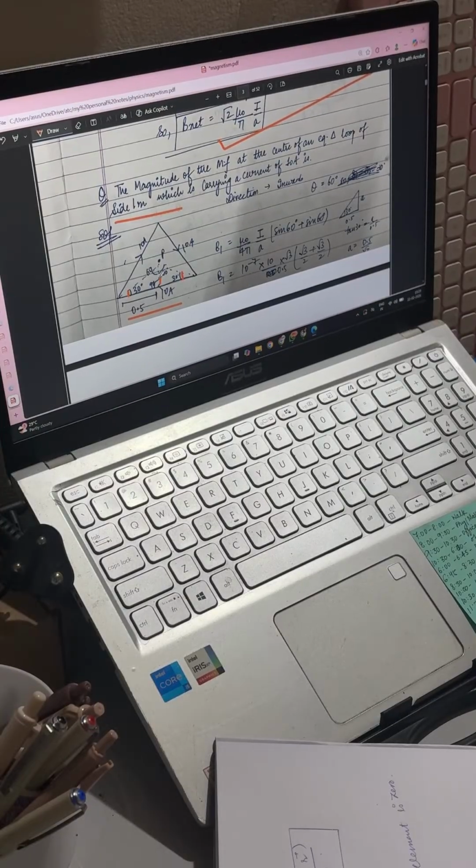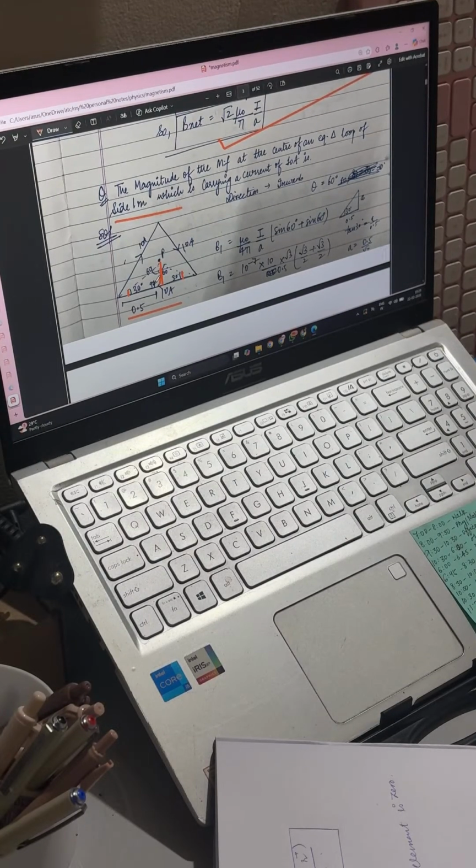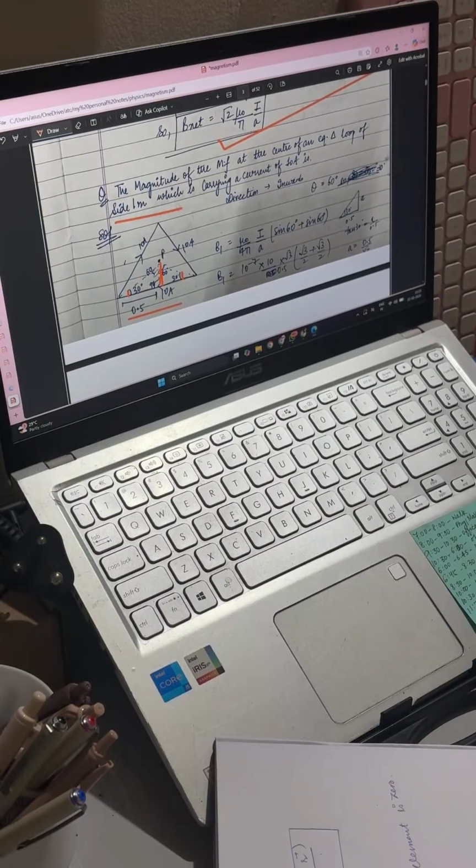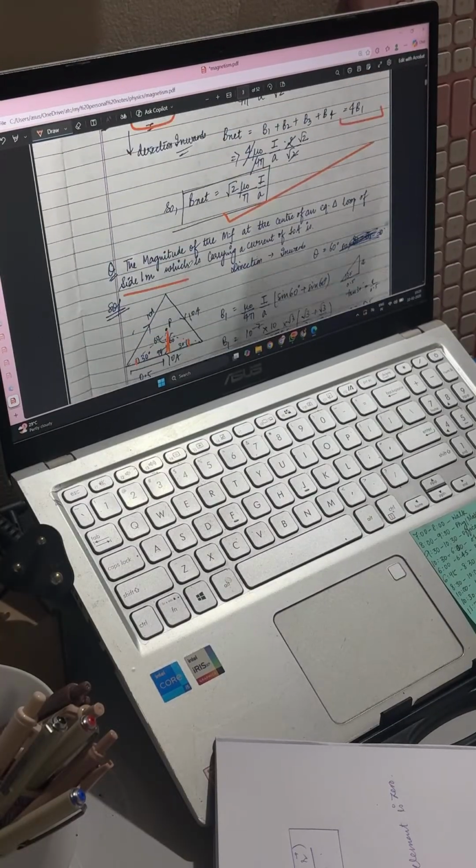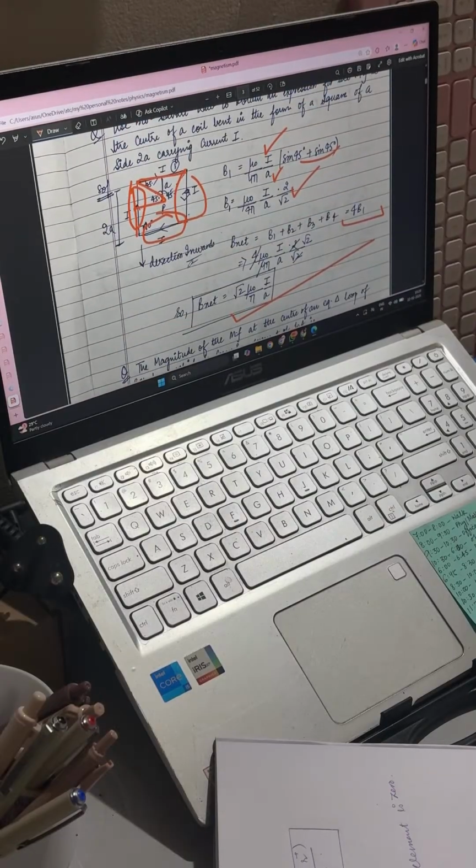What matters is this length. How to find this length now? That's the main question. So we also know at one point, we take theta from here, okay?